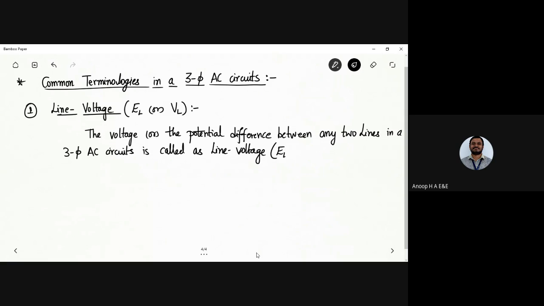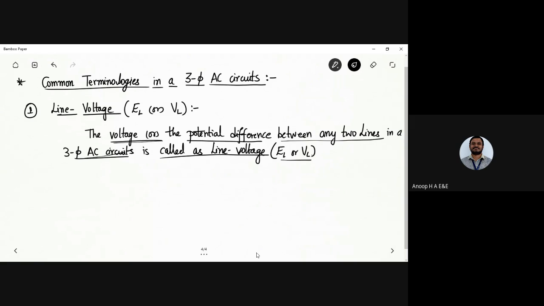So it is EL or VL. In terms of definition, the voltage or potential difference between any two lines in a three-phase AC circuit is called the line voltage, which is EL or VL.